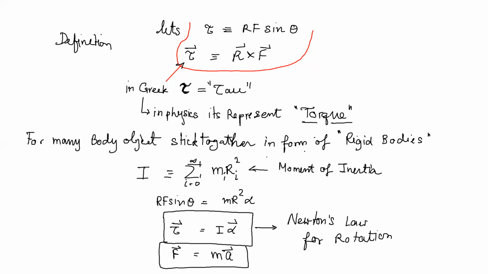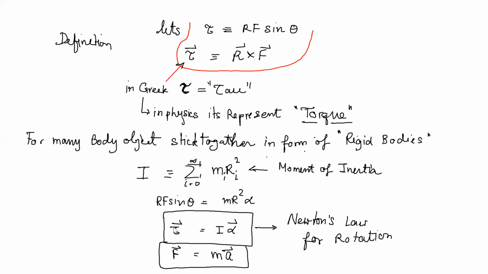Mi is the mass of object number i, and ri is the distance of that mass to the axis of rotation. So each object will have this moment of inertia. And now we have R F sine theta equal to mR squared alpha.